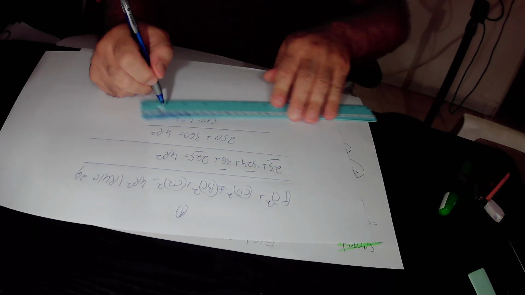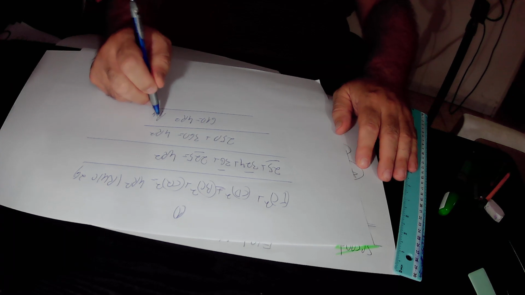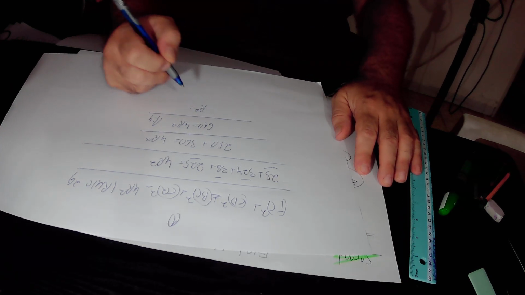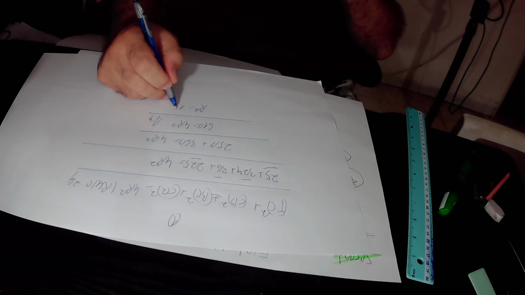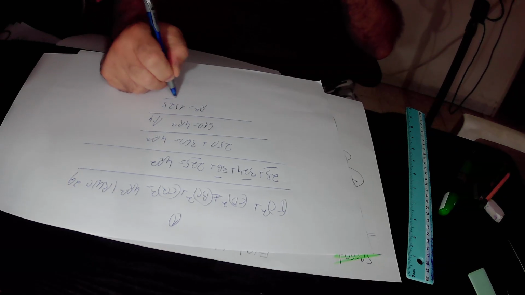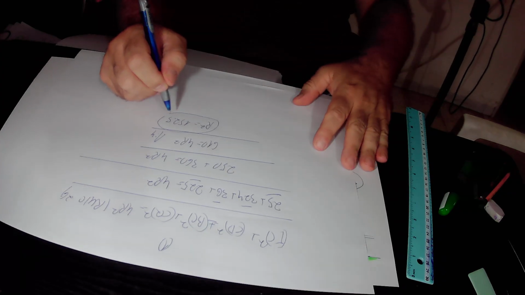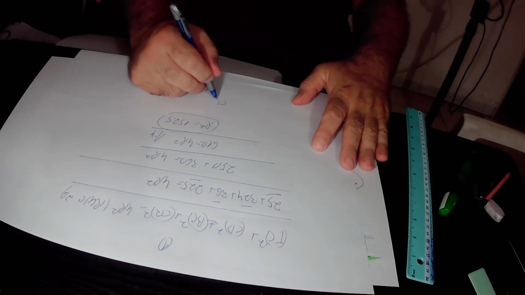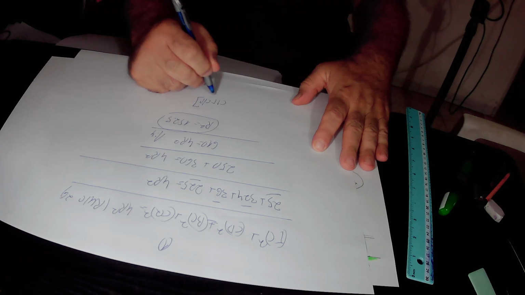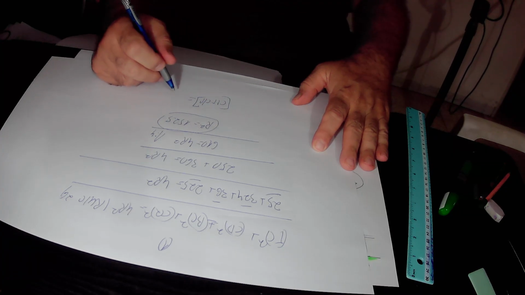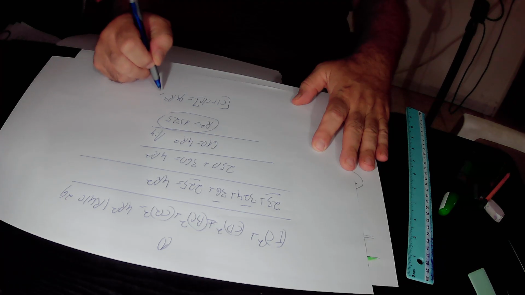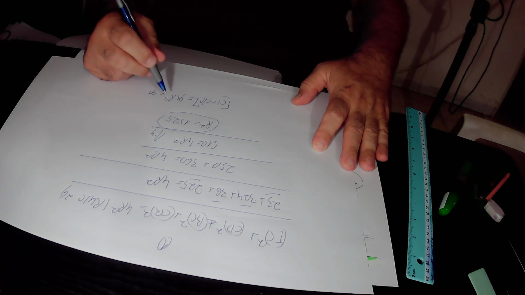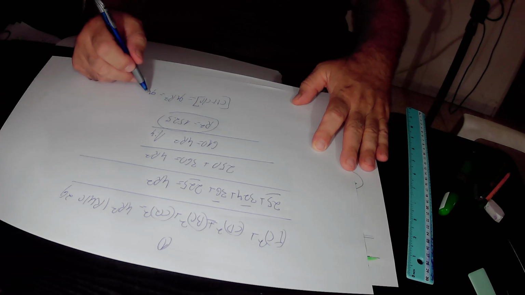Here we divide this equation by 4, and we get that R squared equals 610 over 4, which is 152.5. The area of the circle equals pi R squared. So it is pi, and R squared is 152.5.